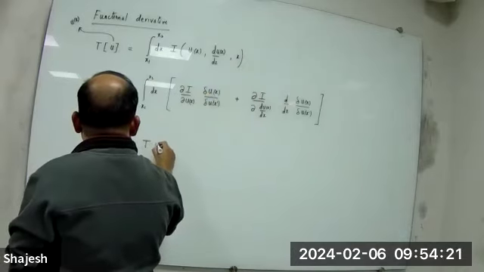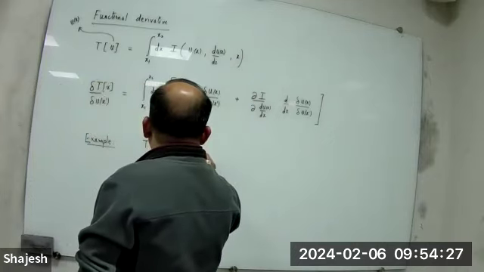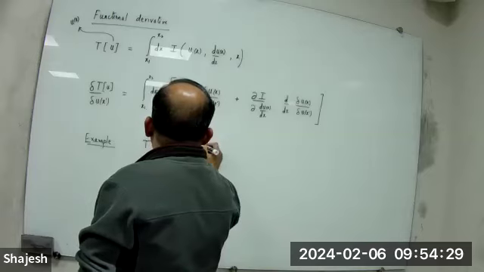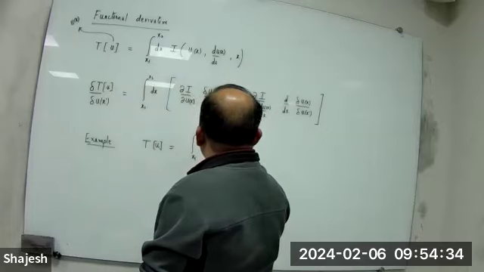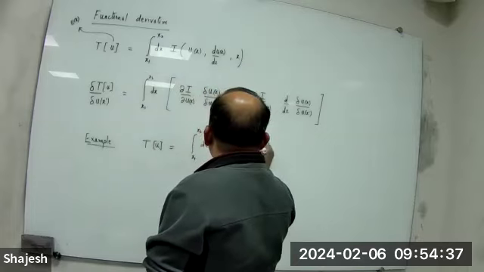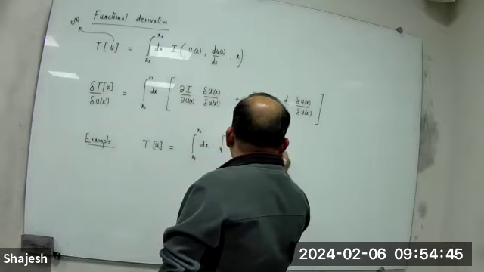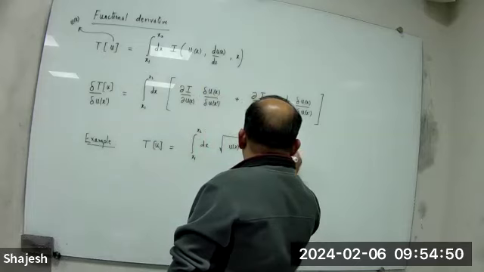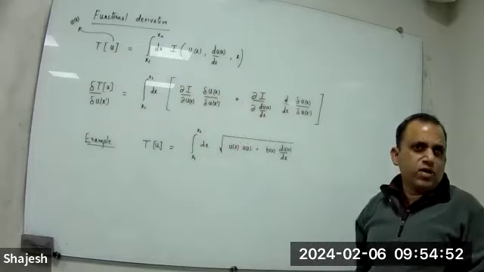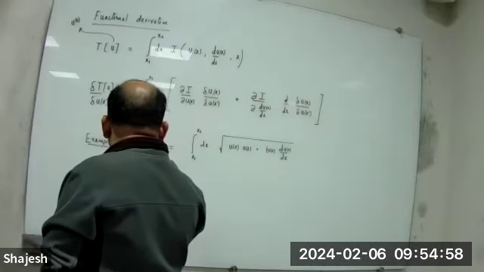So I of u could be the integral from x1 to x2 of dx, and let's say this integrand is nothing but the square root of u of x times a of x plus d of x times du by dx. That could be a simple example. And how do I do this?